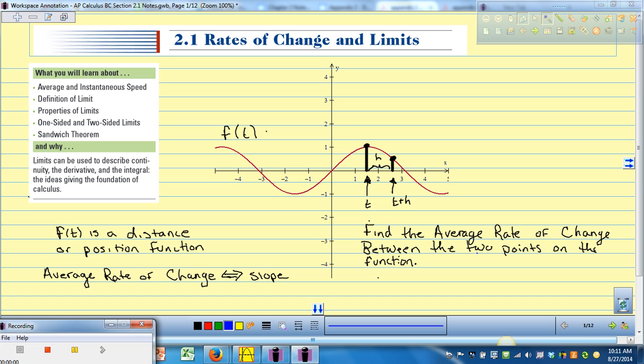All right, so I want to write in notation the slope between these two points. So I didn't give you any exact numbers. All right, so what would I call this point here?